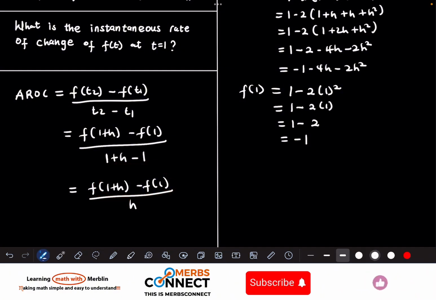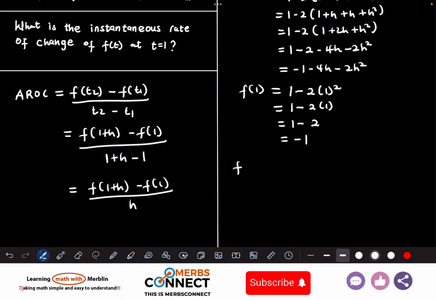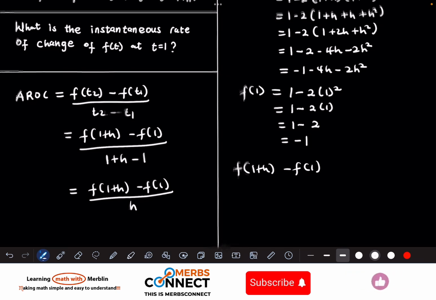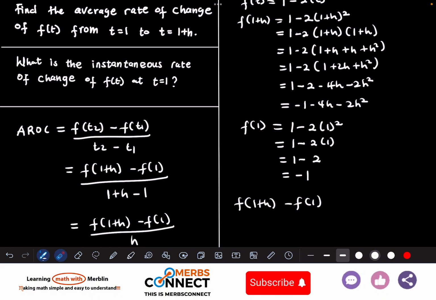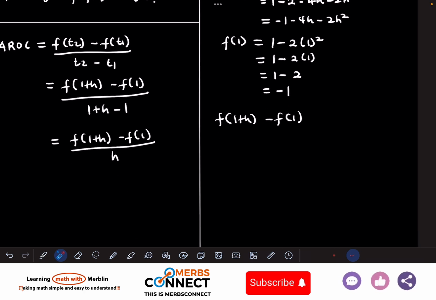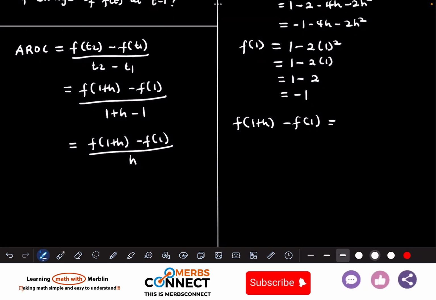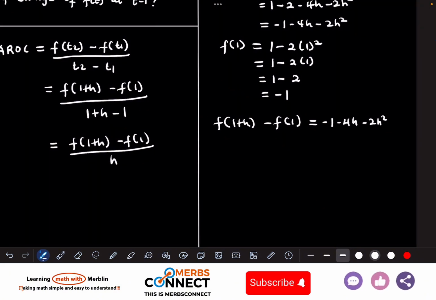So now let's look for f of 1 plus h minus f of 1. So we look for f of 1 plus h minus this, right? Now what do we get for f of 1 plus h? F of 1 plus h was this, right? And then f of 1 was this. So let's combine them together. We have minus 1 minus 4h minus 2h squared. And remember the trick, right?